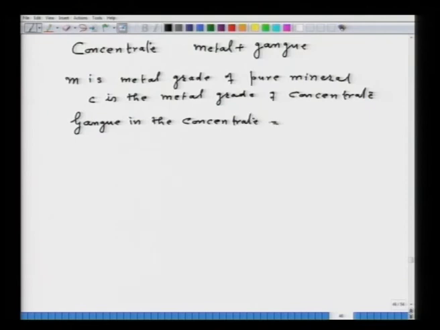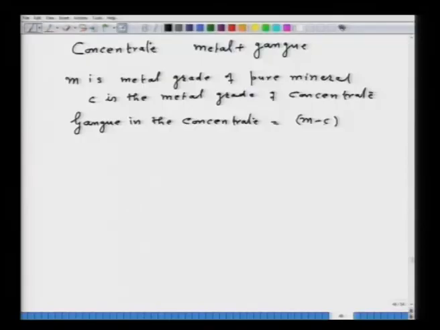That will be equal to, because now M is the metal grade of the pure mineral and C is the metal grade of concentrate, M minus C has become gangue in the concentrate. Now, similarly, I can find out gangue in the feed, that is equal to M minus F, where F is the metal grade in the feed. So, this M minus F has become the so called gangue in the feed.